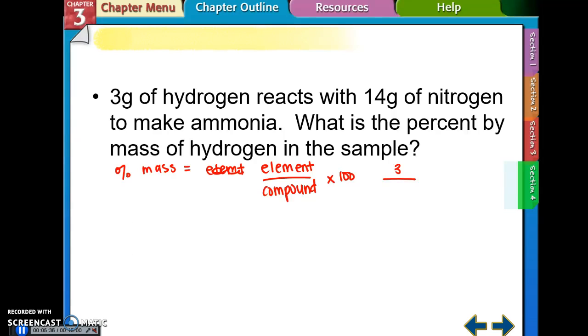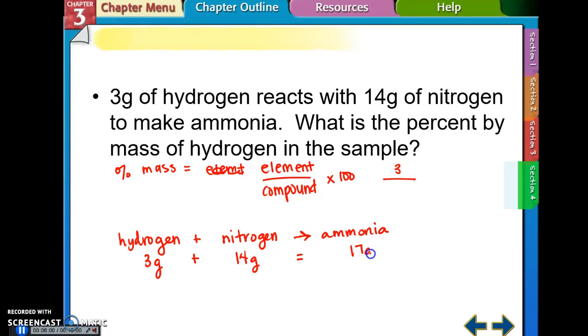So I've got hydrogen and nitrogen, and those react with each other to make ammonia. My hydrogen is 3 grams, my nitrogen is 14 grams. I have to figure out how many grams of ammonia I have. Well, 3 plus 14 is 17 grams. So that's my compound.